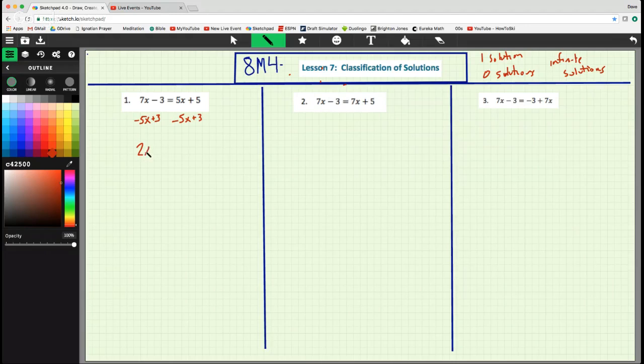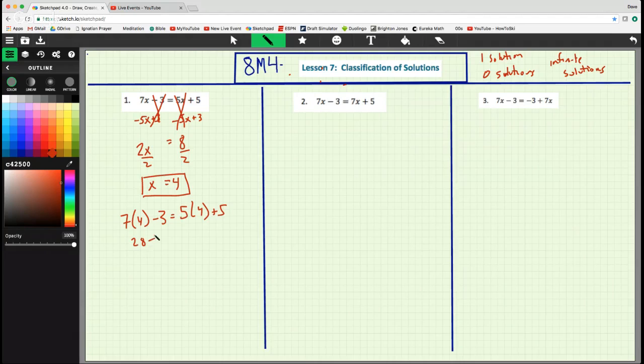So on the left here, I get 2x, 7x minus 5x. These cancel. And on the right, my x's cancel, and I get 8. And I'm going to use the division property of equality, and I get x equals 4. I'm going to check my answer, and I'm going to say, well, 7 times 4 minus 3 equals 5 times 4 plus 5.